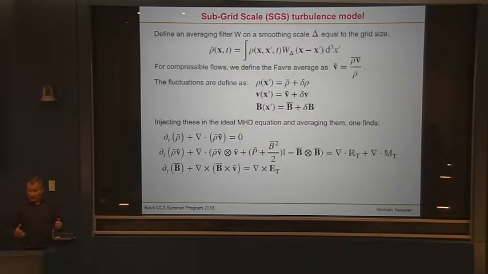I will start with a very famous subgrid model in engineering, the so-called subgrid turbulent model. It's been used in engineering very successfully for many decades. The idea is that if you have a mesh resolution significantly larger than the scale at which turbulence is dissipated, which is microscopic scales close to the mean free path of the atoms and molecules, then you're in trouble, because you don't capture the full turbulent cascade all the way down to the dissipation scales.